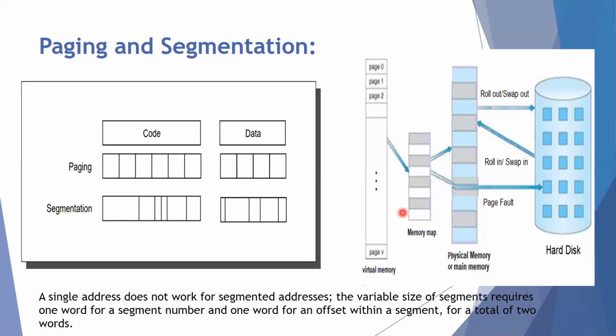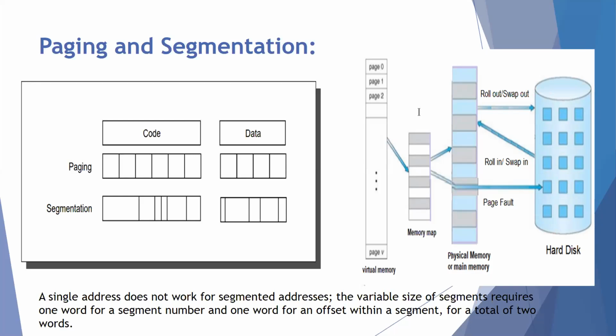So the diagram depicts that any address that has come from the processor, depending upon the maximum memory that the processor can afford to have, will have a maximum address size. That address is by default called a virtual address, right?